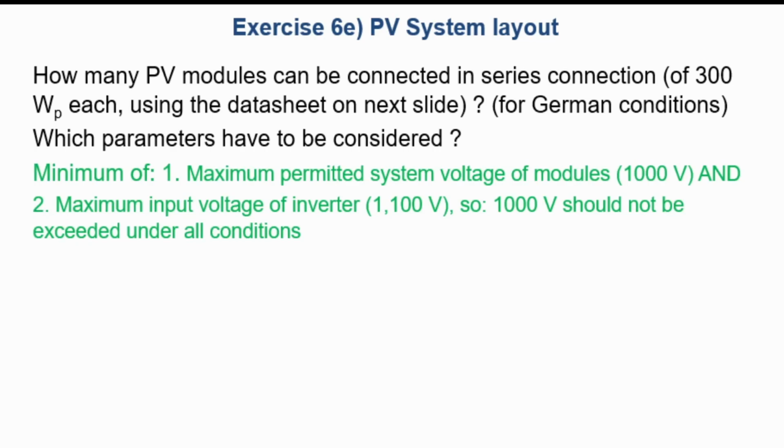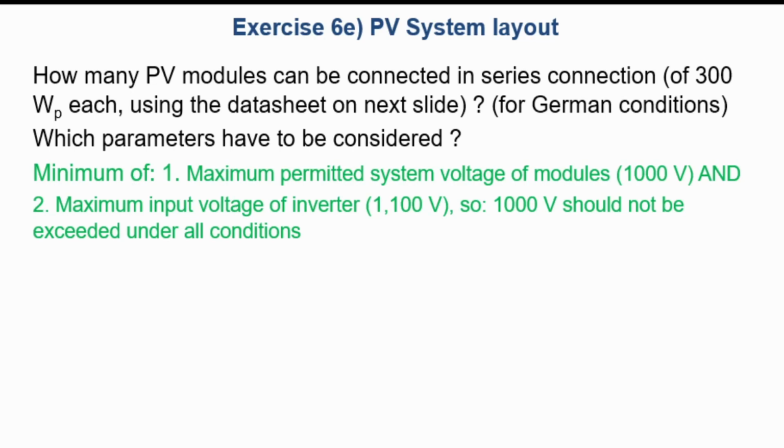So the site conditions: the maximum permitted system voltage is typically 1000 volts, and the maximum input voltage of the inverter is 1100 volts. So we have to decide which is the more stringent condition. The maximum system voltage is 1000 volts.